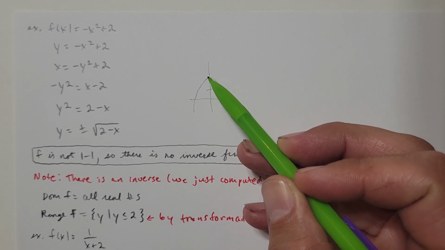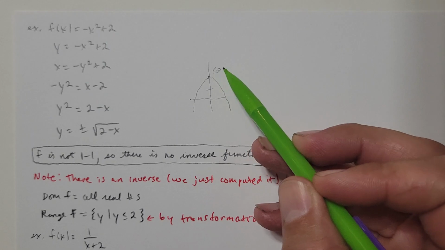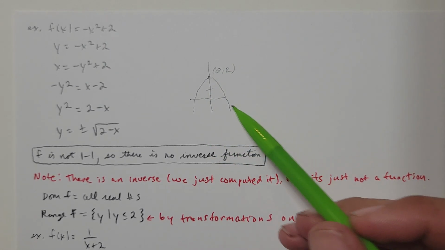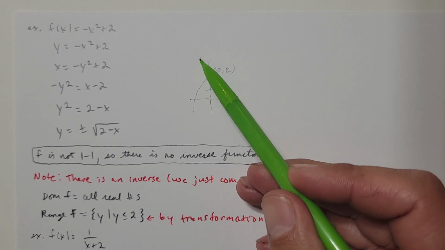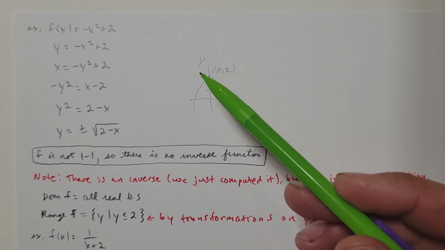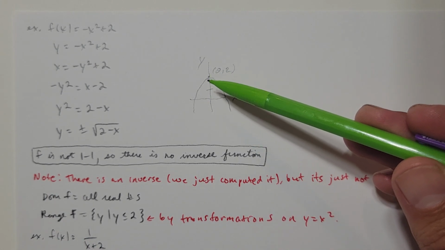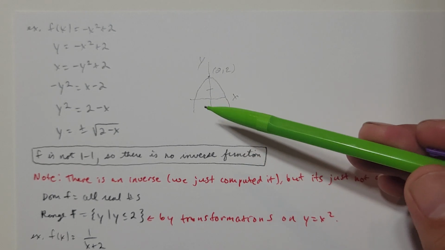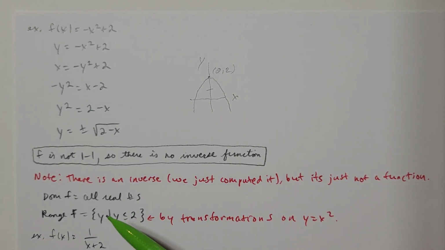Okay, here's 0, 2 on the graph. That's the highest point. Okay, here's x and here's y. What is the range of that function? Well, range means I'm talking about the y values, right? So anywhere that's 2 or less is going to put me on the graph when I look to the left or the right. So I'll say the set of all y values such that y is less than or equal to 2. Okay?